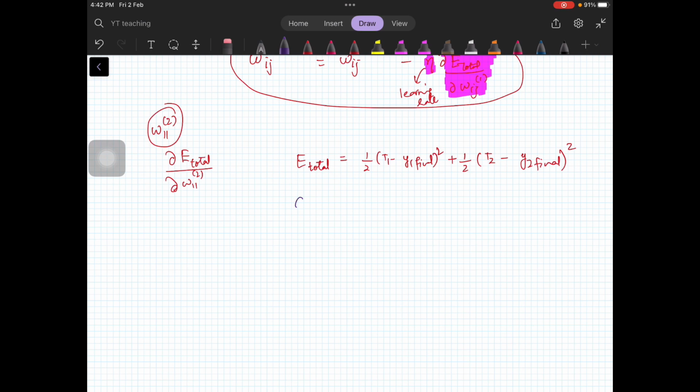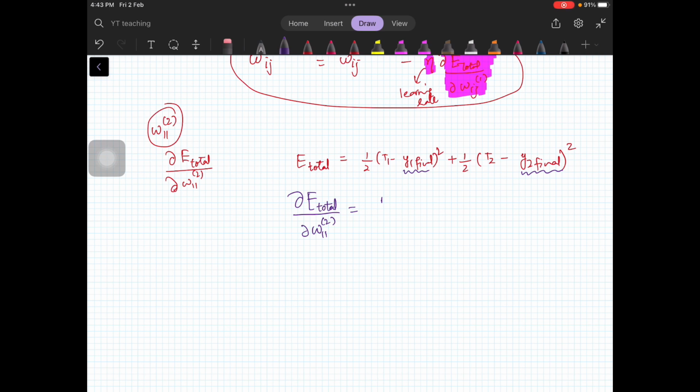Okay, so now I am looking for the derivative of this total error with respect to W112. So what will be that? Now you can see that E total is a function of Y1 final and Y2 final, right?